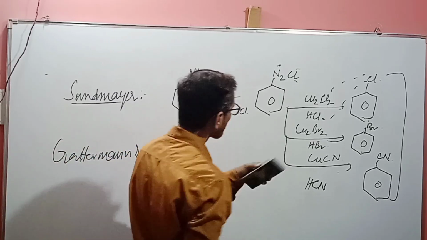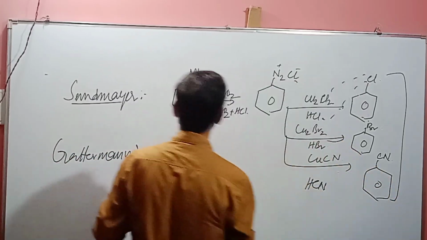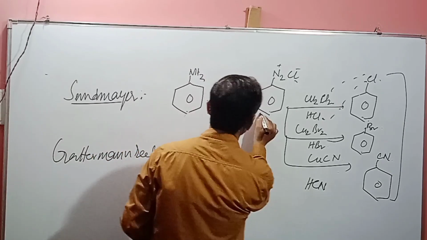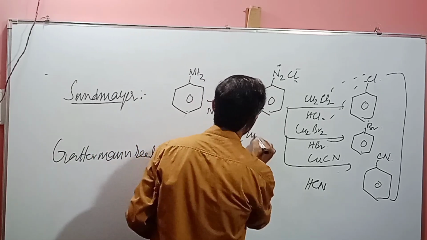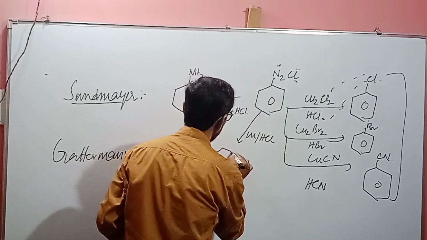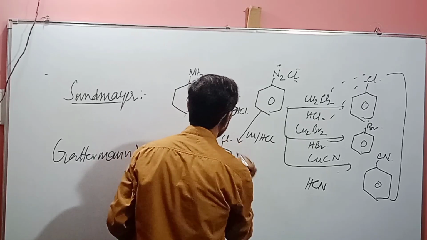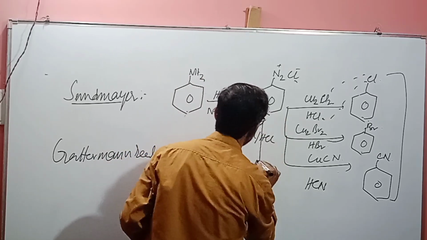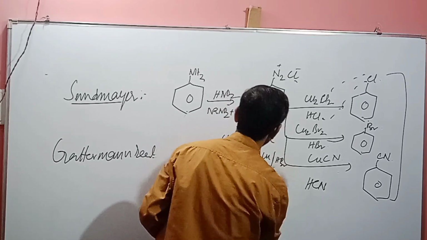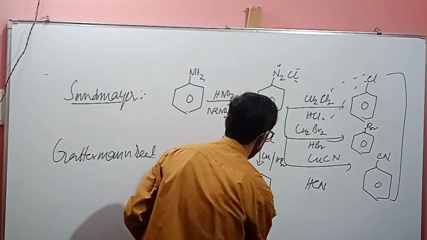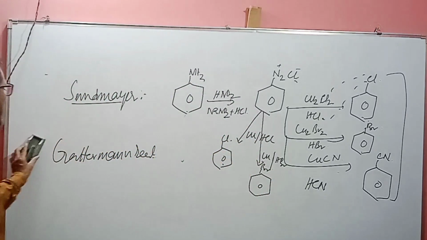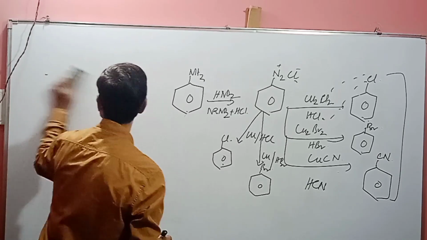so just you do one thing, the same thing here, you use copper and HCl, you will get chloro. If you use copper and HBr, you will get bromo. This is Gattermann. Now what about the Balz-Schiemann reaction?